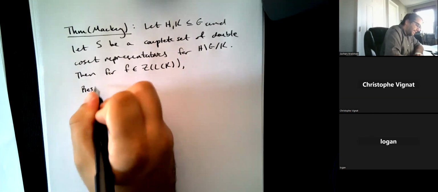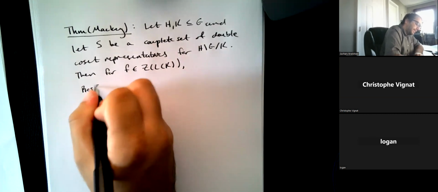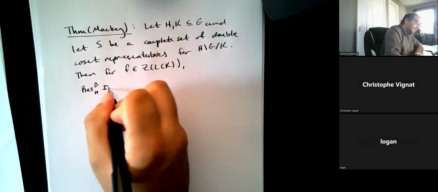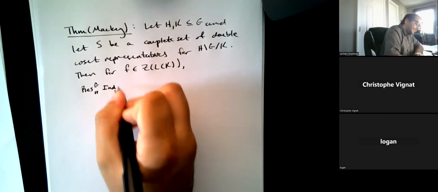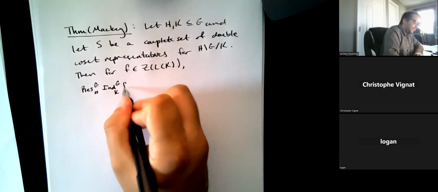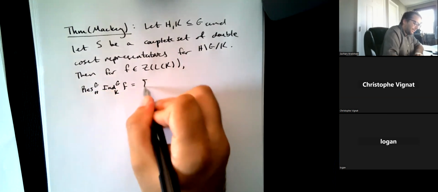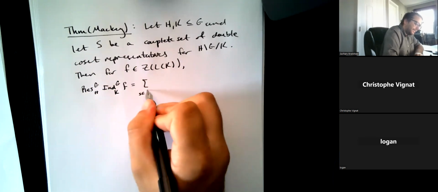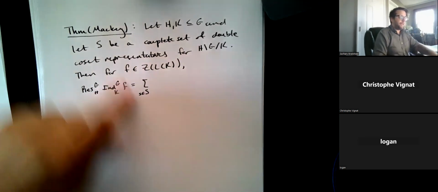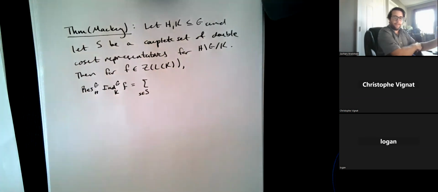the restriction from G to H of the induction from K to G of f is the sum over s in S. Remember, S is the set of representatives of the double cosets.